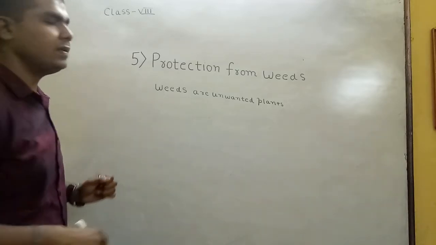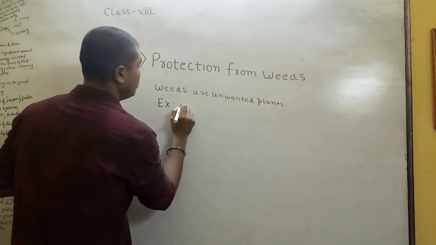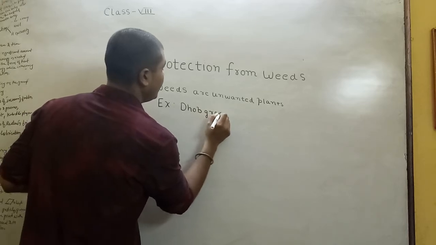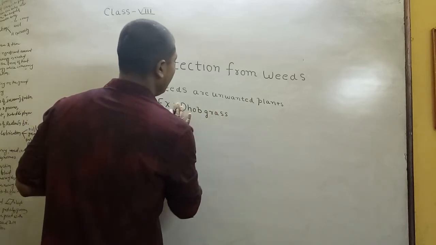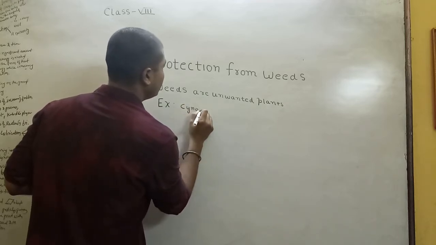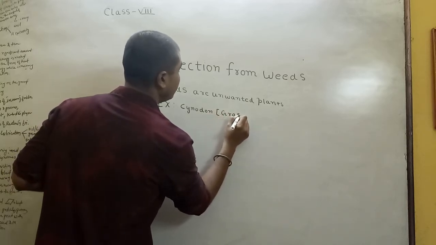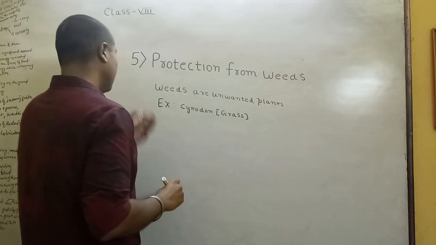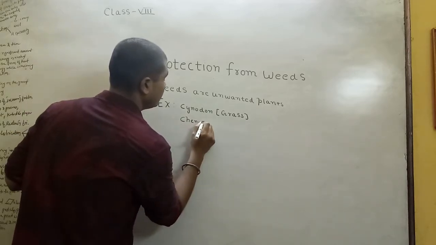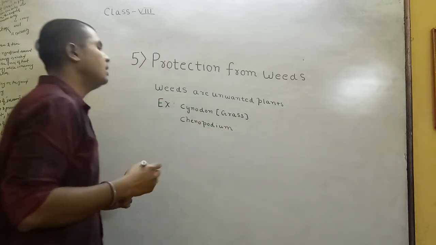Examples of weeds are many, like dhoob grass, which is called dhoob grass in Hindi, or it is also known as Cynodon, or we should write it Cynodon dactylon. Then Chenopodium. These are some of the examples of weeds.